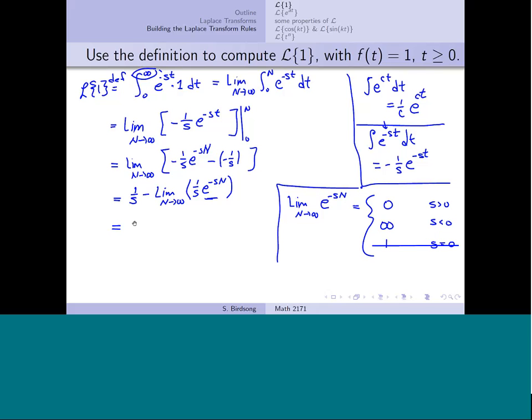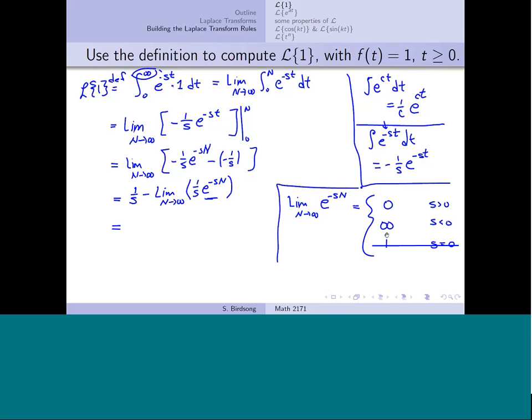Now, when we come over to finding our final answer, we want a formula that actually exists. Can we plug in to get a formula that actually exists if S is smaller than 0? In other words, is it okay to have this case when S is smaller than 0? Again, no, because we're going to get an infinity and we want an actual answer.